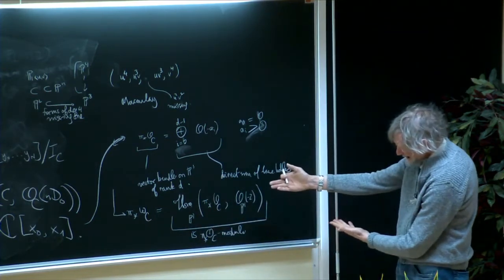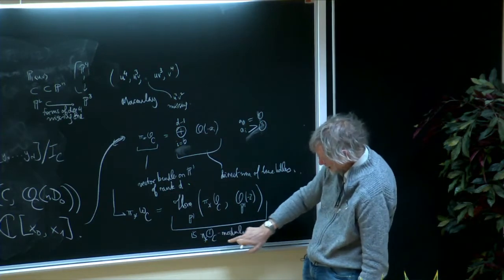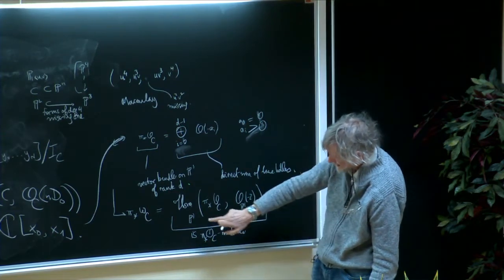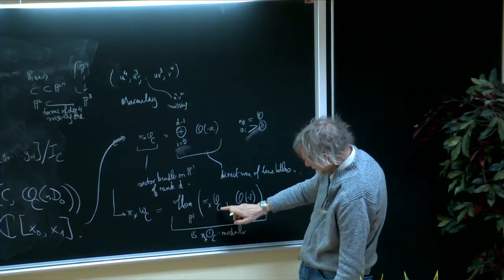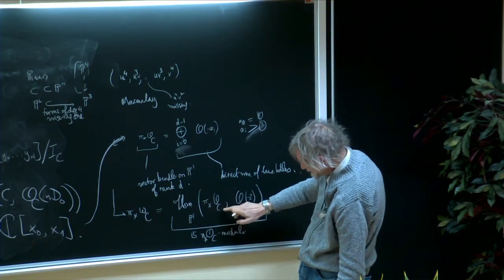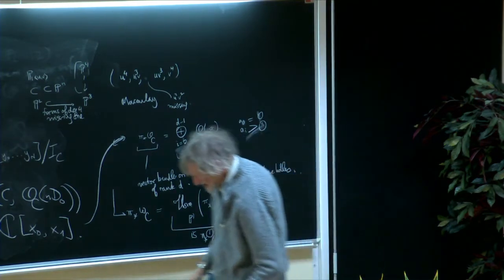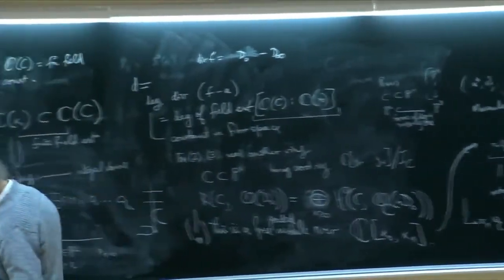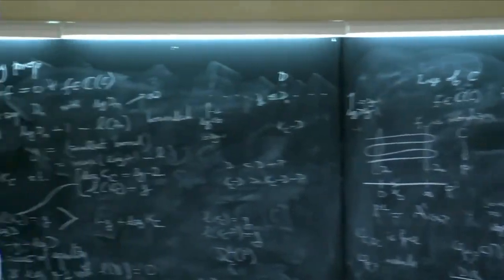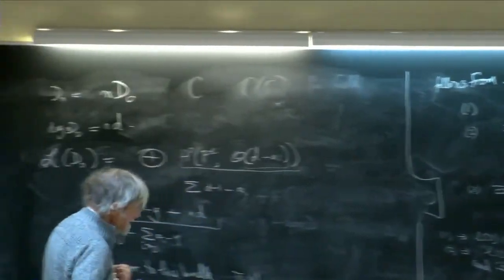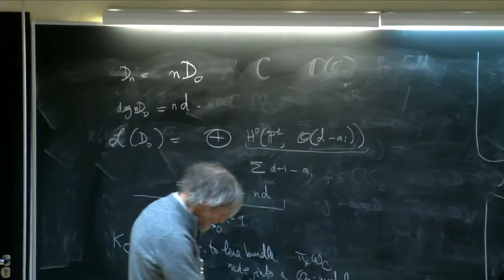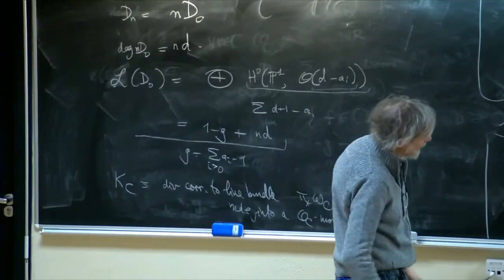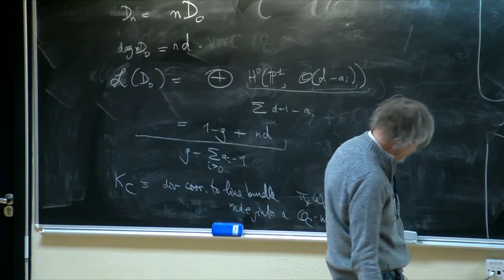So having once made this into a module over pi lower star OC, the C is basically the relative spec of this ring. So look, I'm sorry, this is a very easy argument, but it's quite a subtle argument. And I have to stop it now, because otherwise, if I say any more, it will be even less convincing.